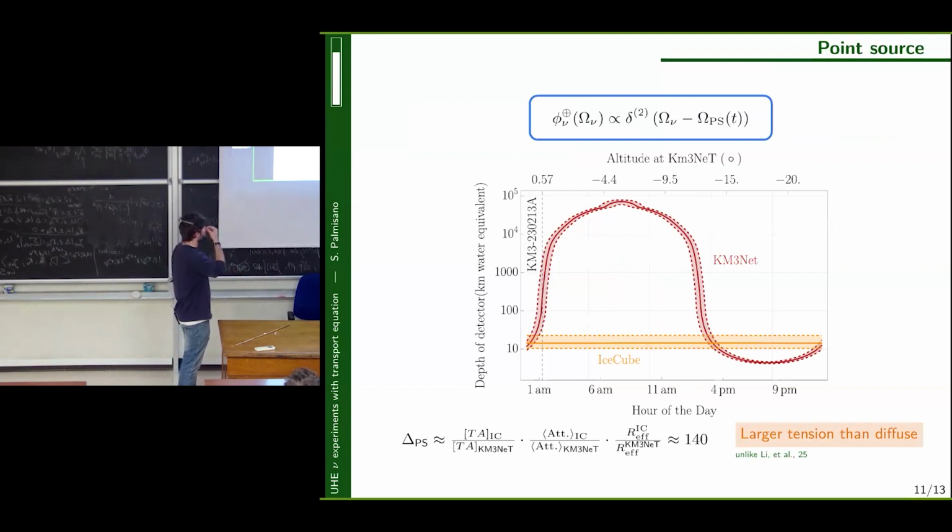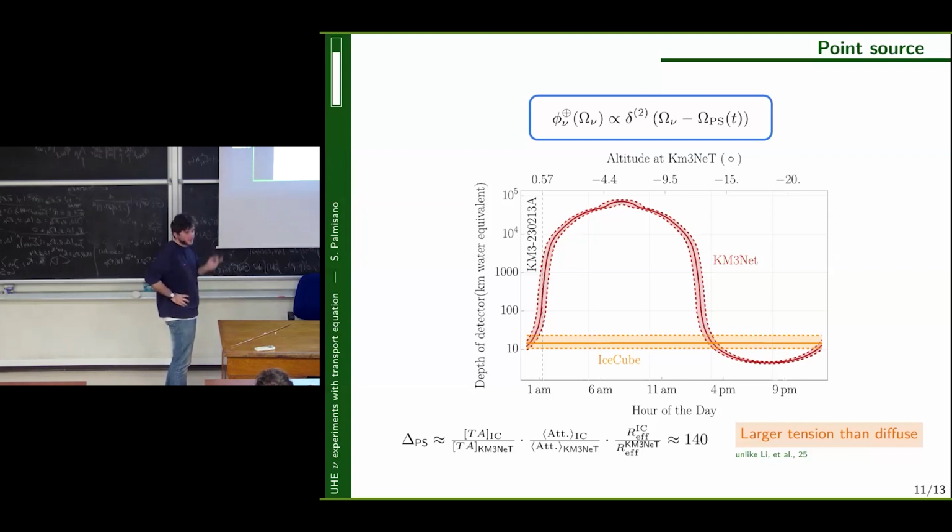This was something that we discussed a lot because, as you can see in this plot, along the time of a day, the depth of the detector as seen from the direction of a hypothetical point source, fixed to be in the direction from which the KM3NeT event was observed, spans several orders of magnitude in KM3NeT, whereas IceCube, being at the South Pole, is always at approximately the same depth. This is at the core of ideas for resolving the tension, where you can make depths larger than about 100 kilometers special with respect to distances smaller than about 100 kilometers.